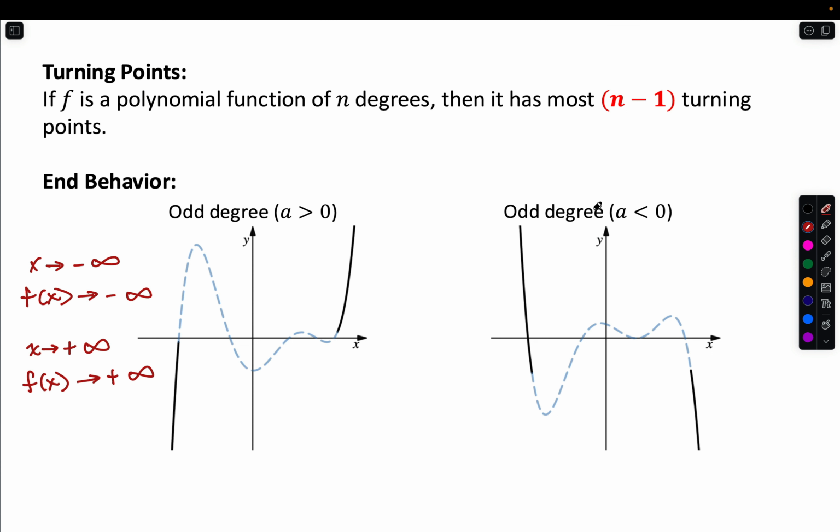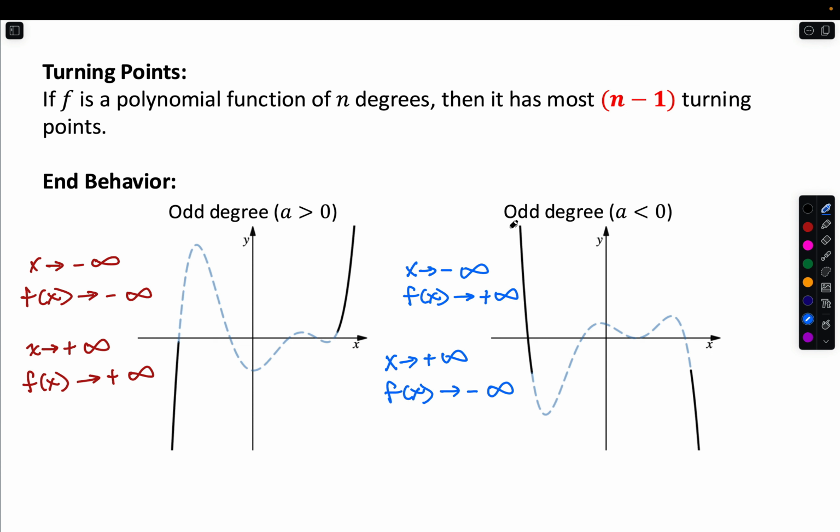And then if it's an odd degree with a negative a value, it's going to do the opposite. So as x goes to negative infinity, you will notice that f of x will go to positive infinity. Sorry, it's going up. So as x goes in this direction, my y values go up. And then as x is going to positive infinity, as x goes in this direction, my y values are going down.